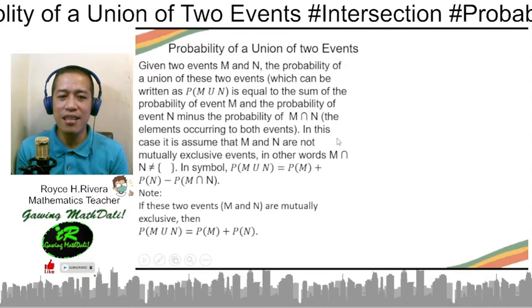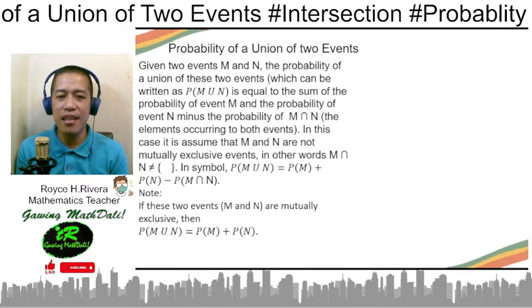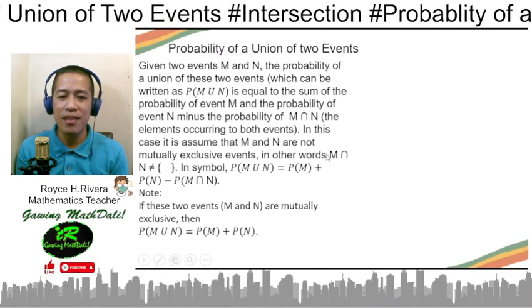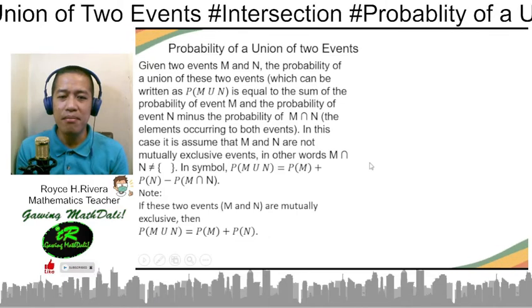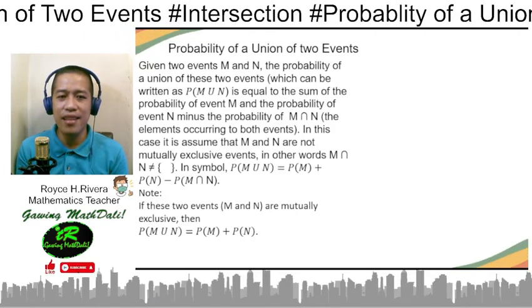In this case, it is assumed that M and N are not mutually exclusive events. In other words, M intersection N is not an empty set.